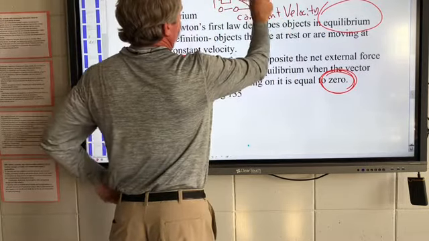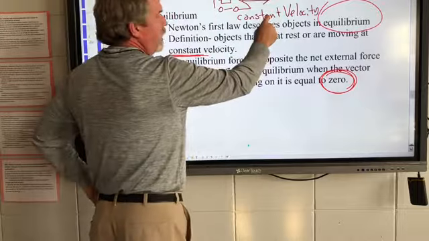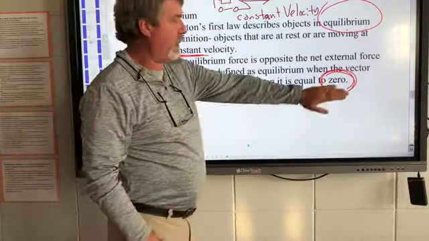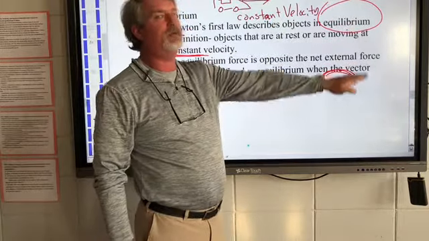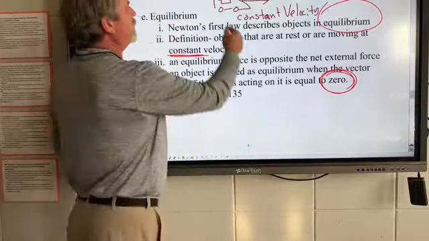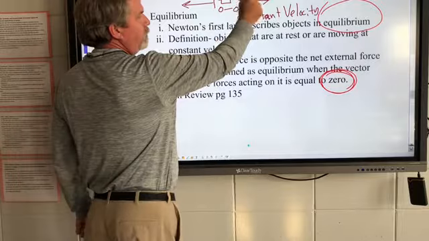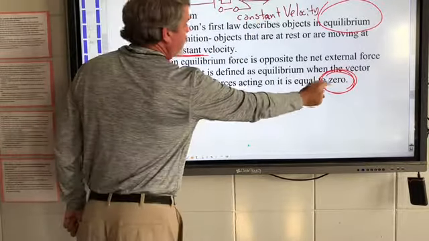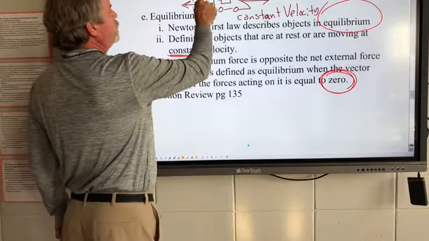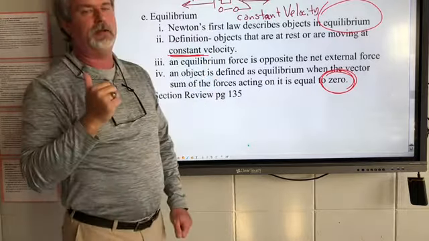So if this is 100 newtons, and I'm at constant velocity, that means my forces must total zero. So that means there's another force going this way, and to make it total zero I must have 100 going in the opposite direction.